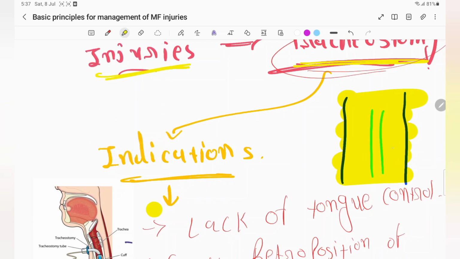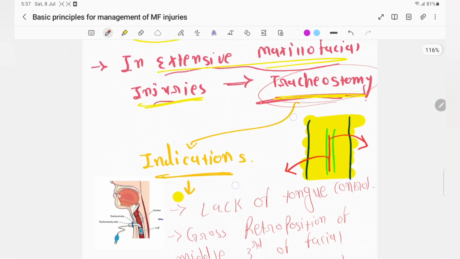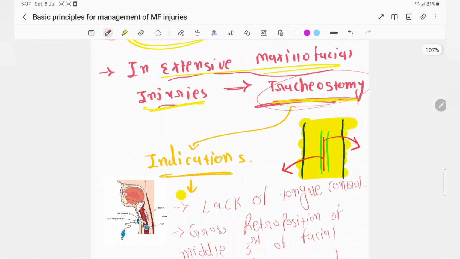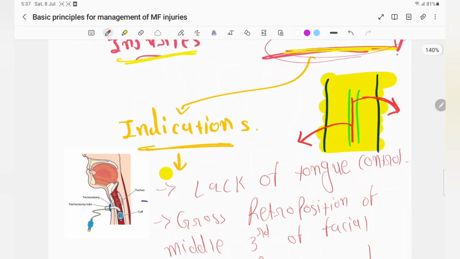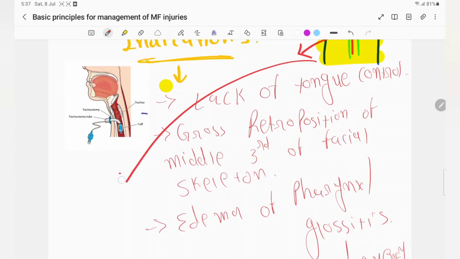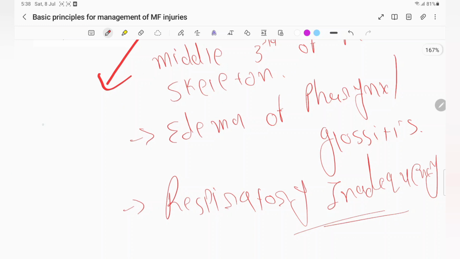This is your skin coverage. So we place an incision over it, right? Then we will raise a flap. By raising this flap, now your trachea is visible to you, right? So this will be your trachea.